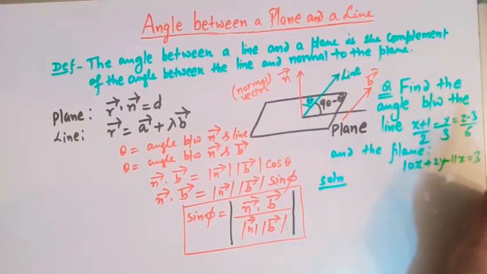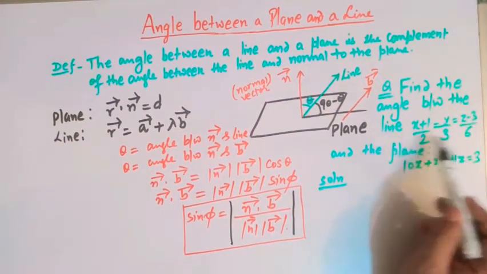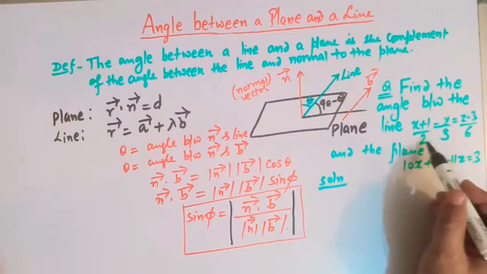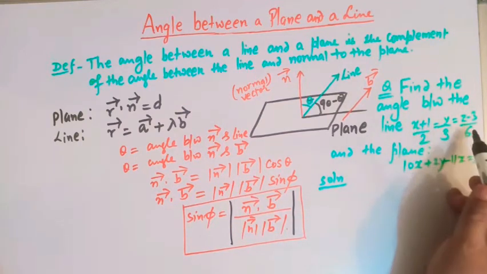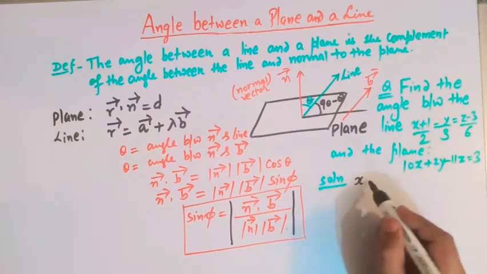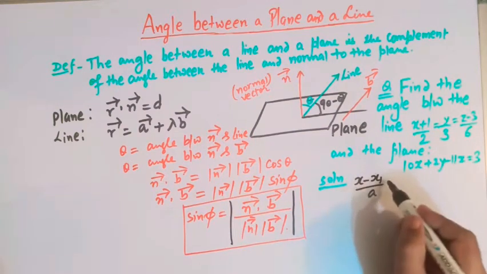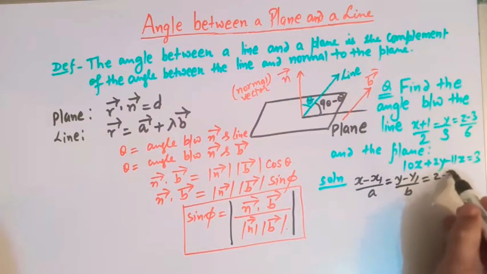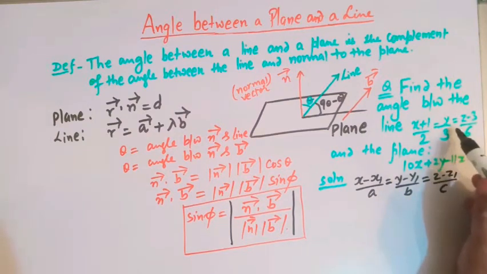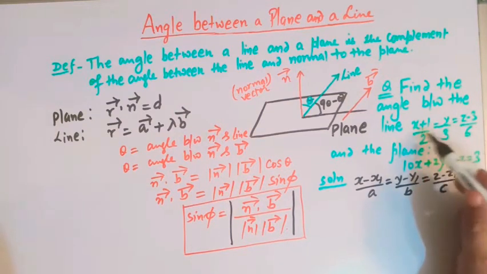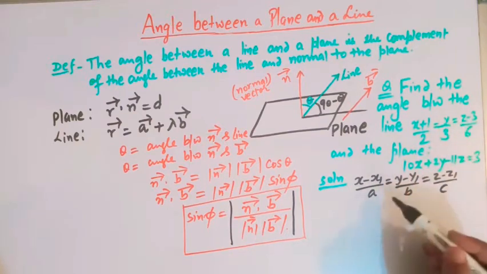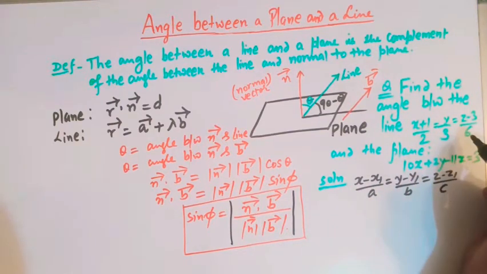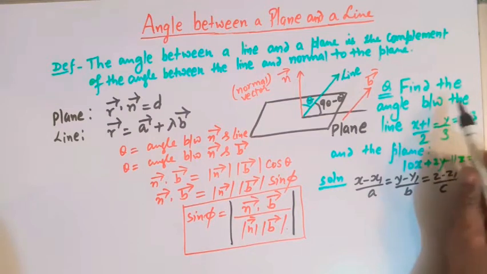Let us take this problem: find the angle between this line and the plane. Here the equation of the line is given in the form x minus x1 divided by a, y minus y1 by b, z minus z1 by c. If the equation is not in the standard form, our aim is to first convert the equation into this form.